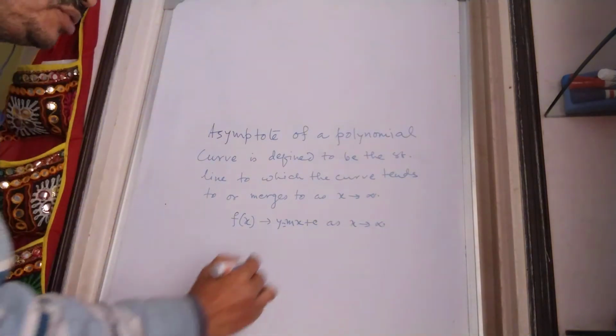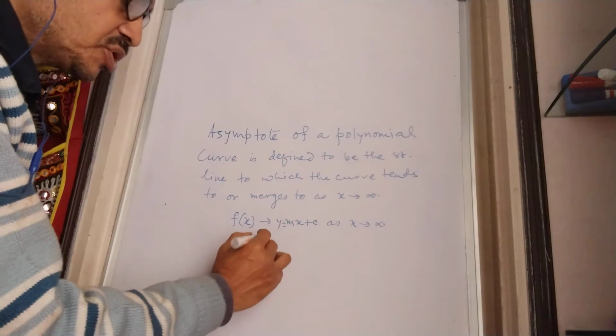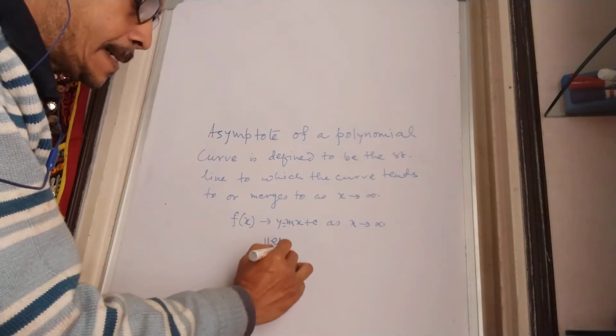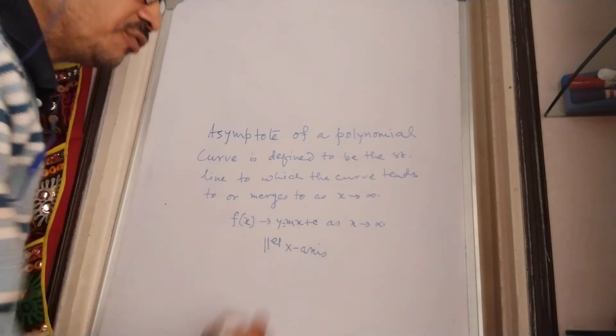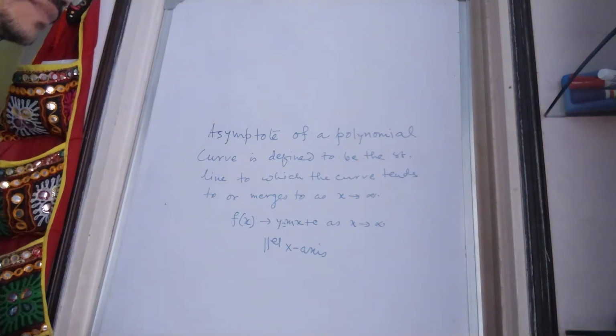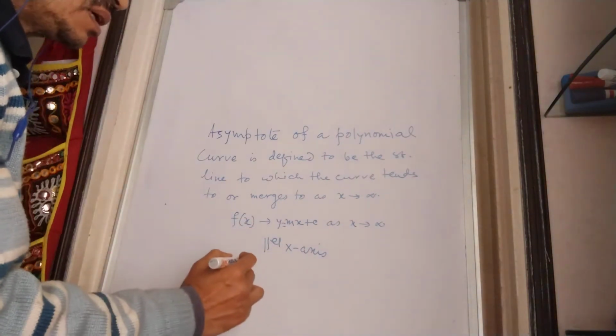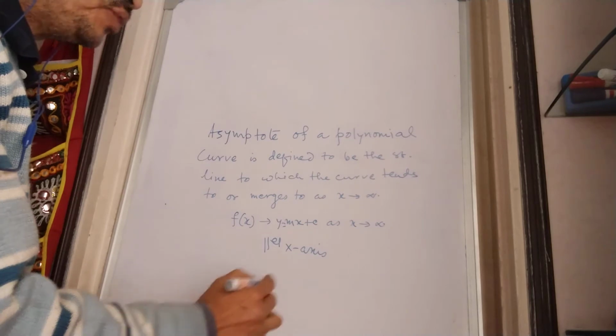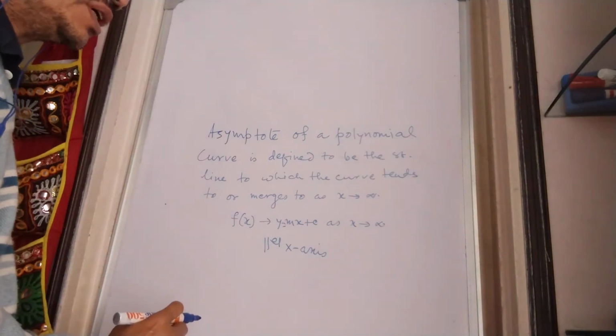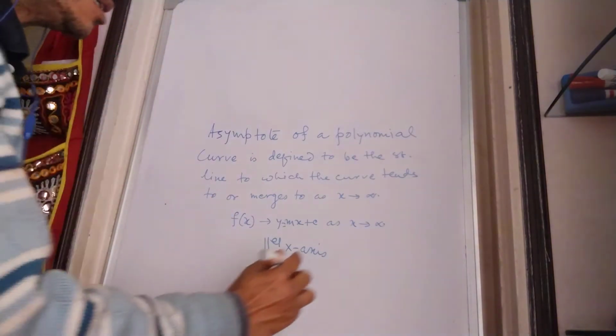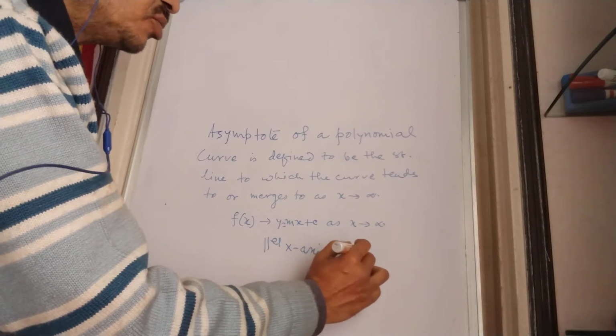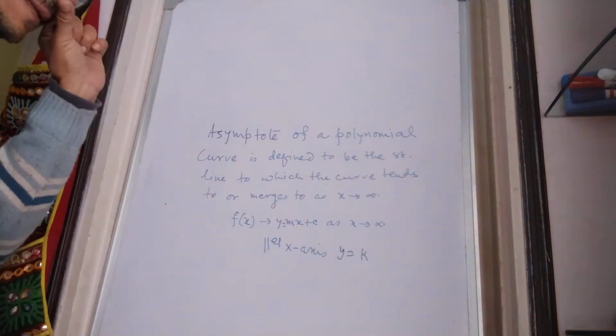Here, when we have asymptotes parallel to the x axis, obviously we have a straight line to which the curve tends to, given by y equal to some constant, isn't it so?